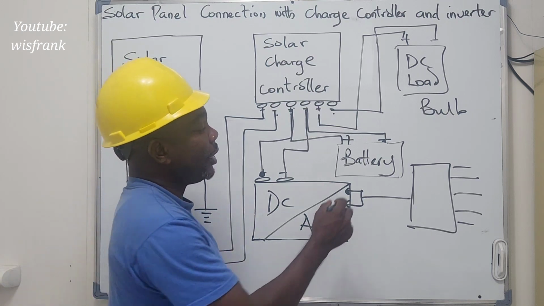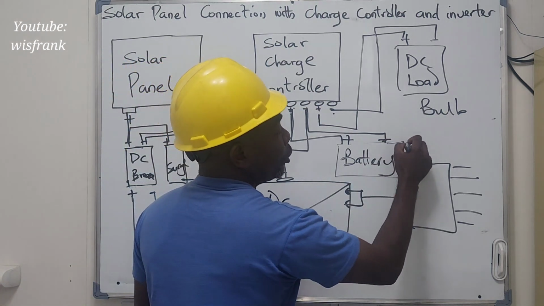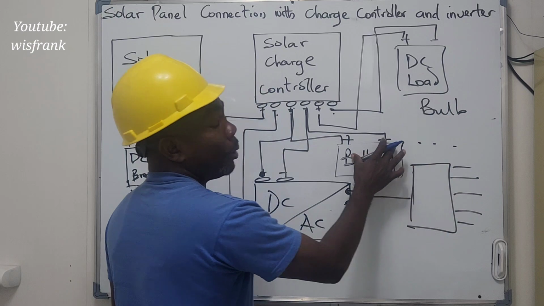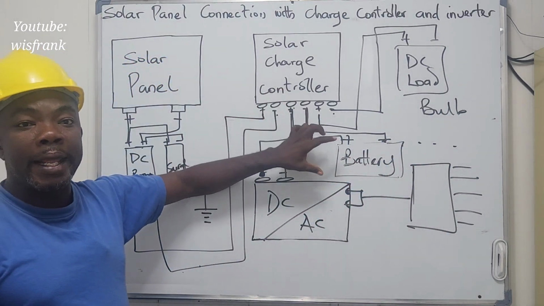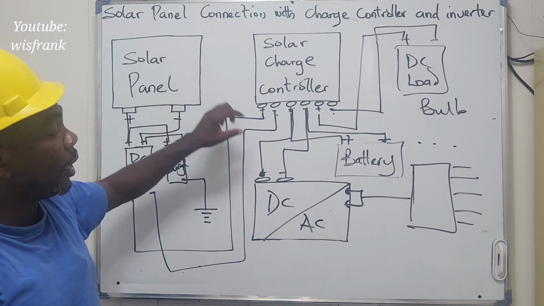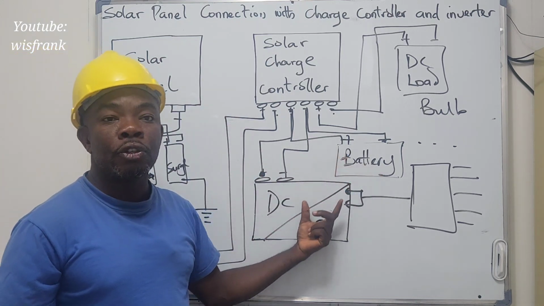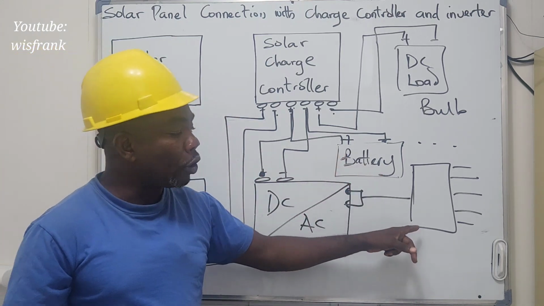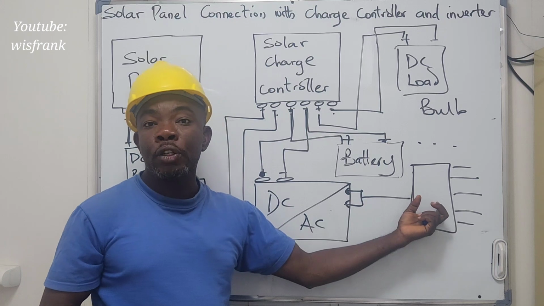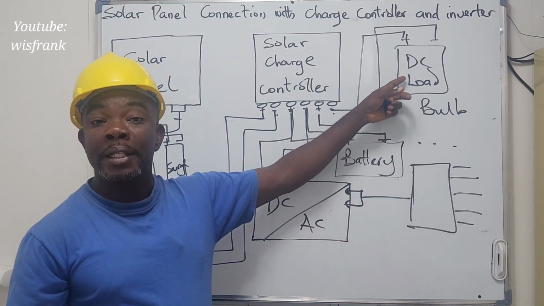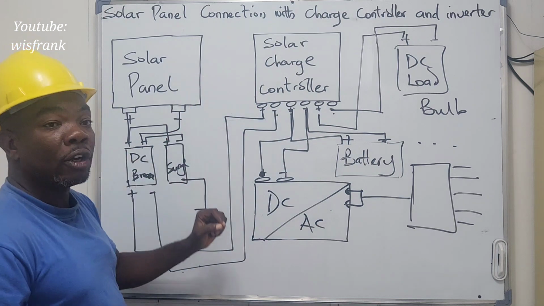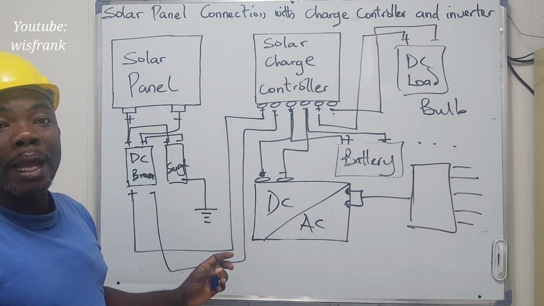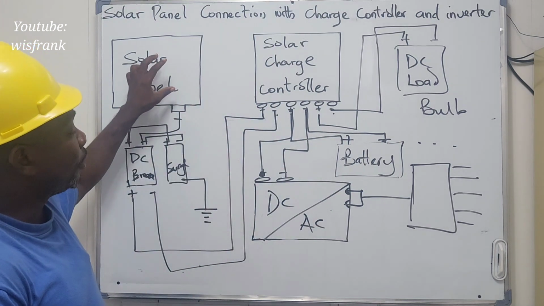You can use the battery in series where you have other connection of other battery that will be attached to this place that helps to power and sustain the energy when the sunlight is not there. So this battery will help us to sustain the energy that will continue to power your AC load and also your DC load if it is available. So this is a simple illustration on how we can connect our system from the sunlight.